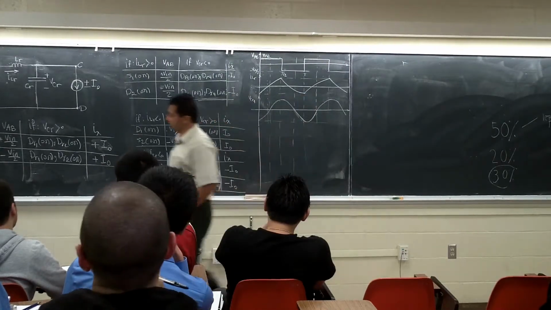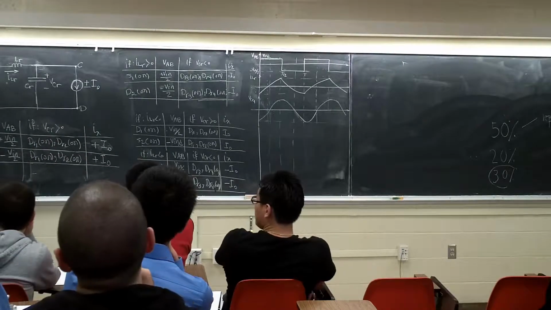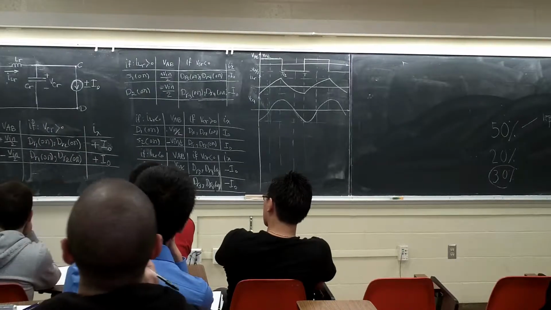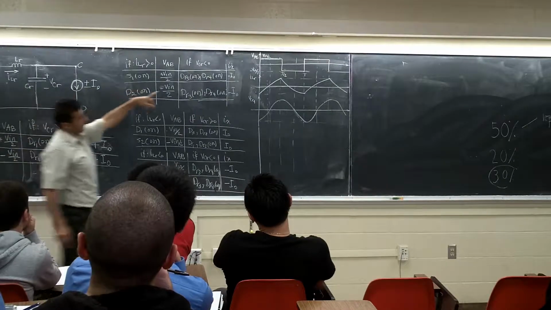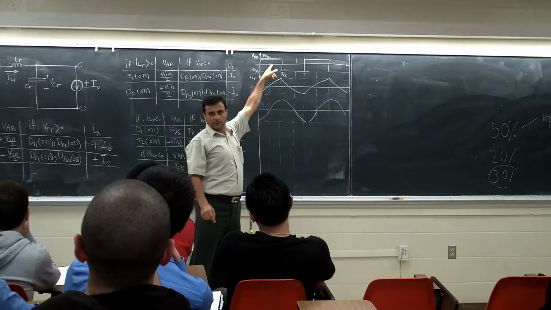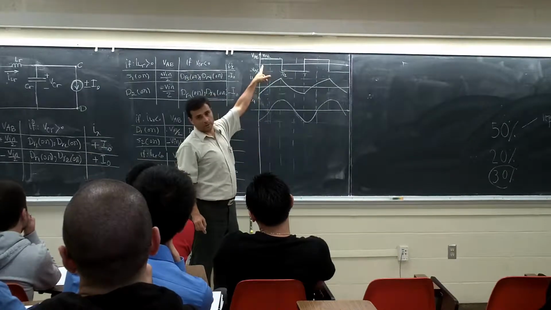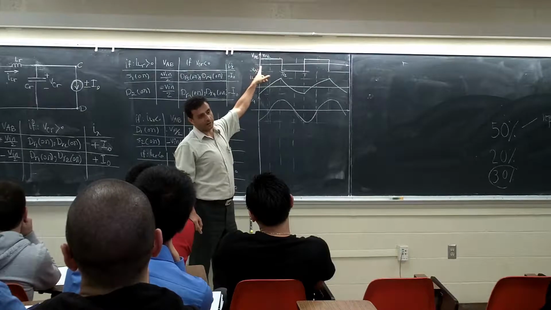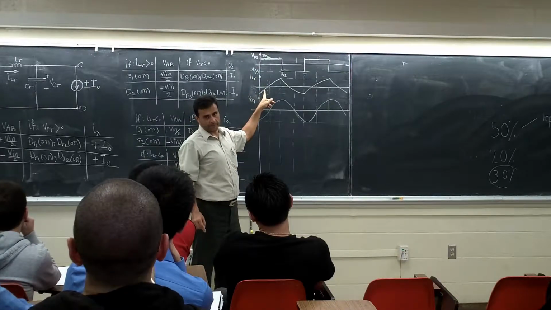Let's see if this one happens or not. If VAB is on, yes, so that's the current. Look at the VAB, it is positive, right? During this time, which one is on? D1 or S1, one of those two. But the current is negative, right?